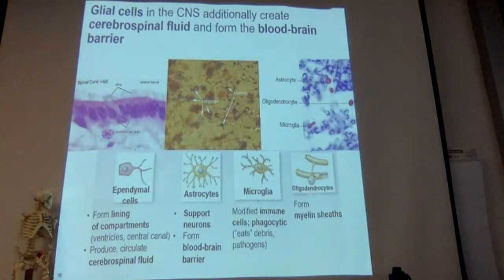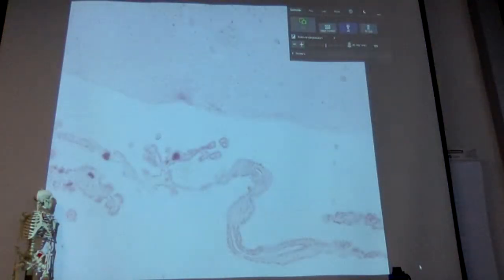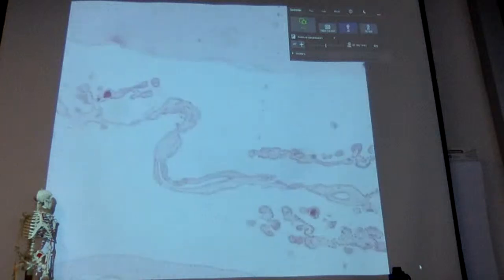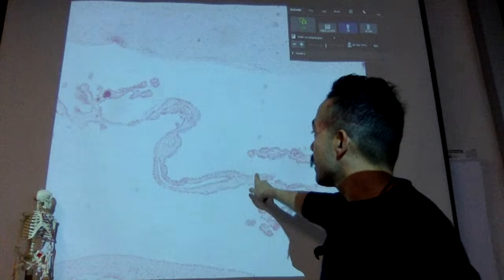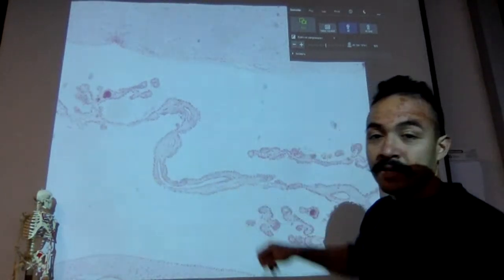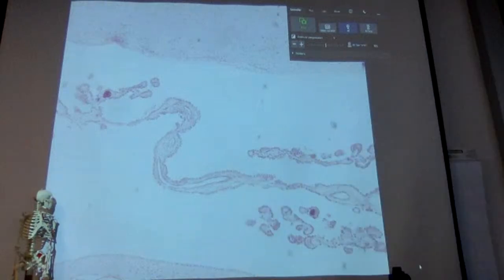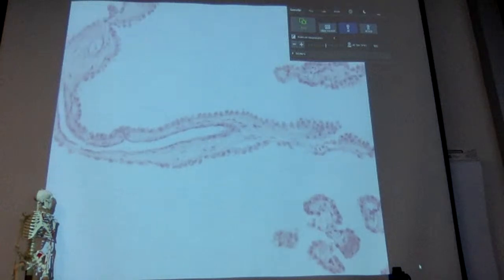Here we have choroid plexus within a ventricle. The white space is the ventricle, where the CSF would be, and these are ependymal cells. We're at 40x right now, going to 100x.